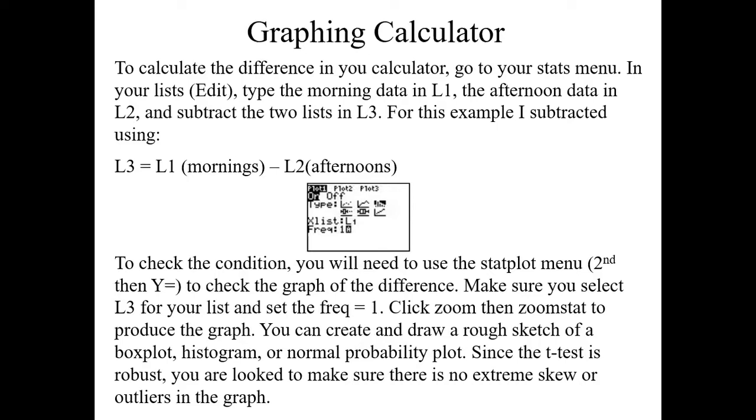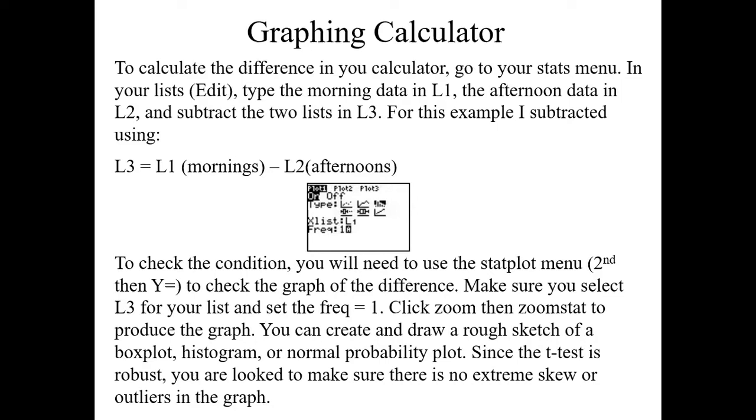The safest one is probably a box plot that shows outliers, because what we are looking for is either outliers or strong skew in either direction. If you have any of those, then you can't run the test. If none of those are present, then the test or the confidence interval is good to run.